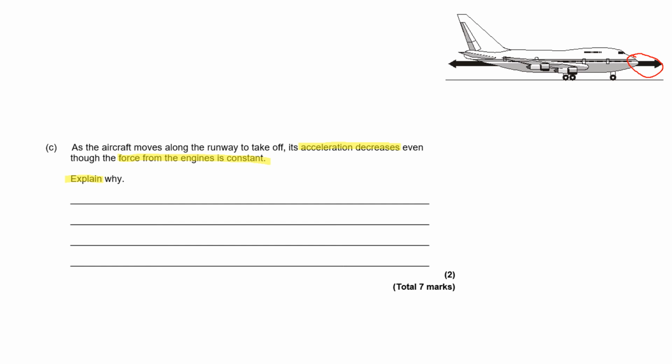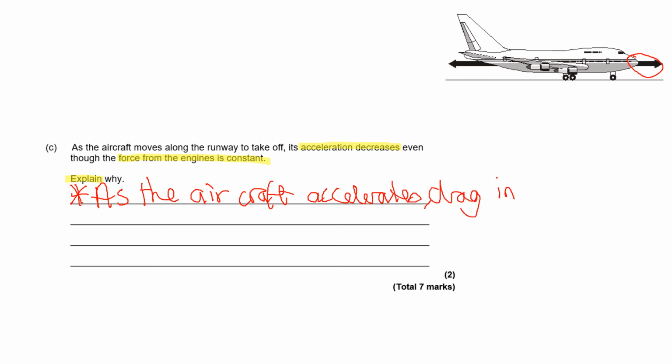So let's start off by thinking about what happens as the aircraft accelerates. Well, obviously as it accelerates and speeds up, then the drag forces acting backwards are going to increase. So as the aircraft accelerates, drag increases. So there's our first mark.